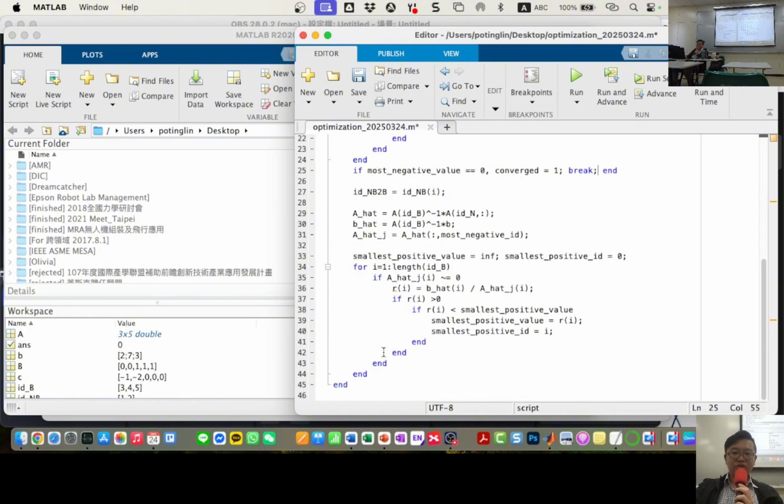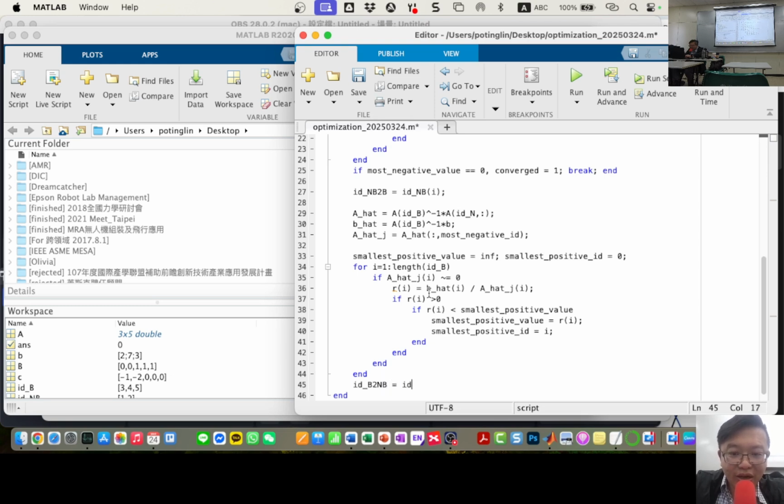So here, is it possible that we cannot find the smallest positive? No. This should not be happening. Only when the problem is in a yield condition. Otherwise, you should be able to find it. Okay, but now I need to know what is the ID from basic to non-basic.